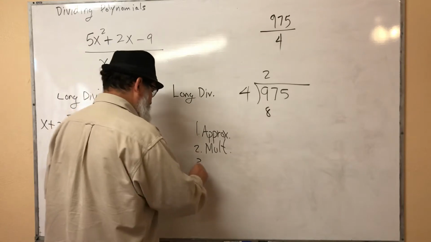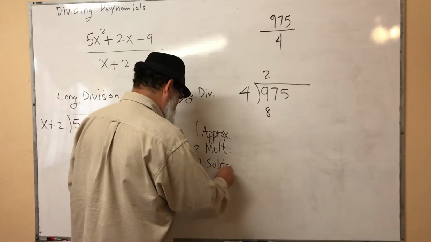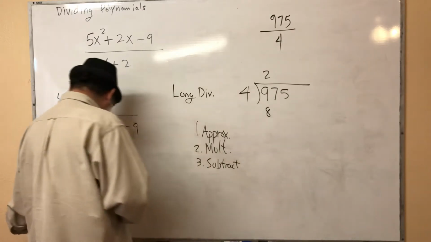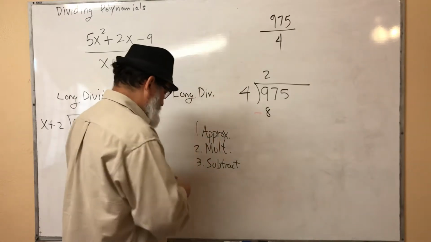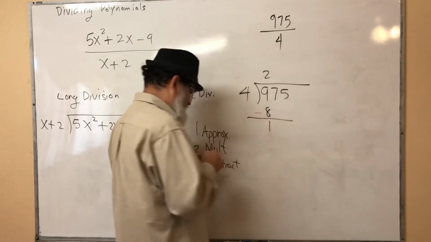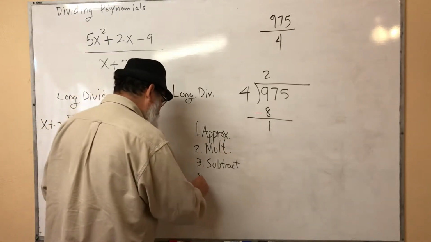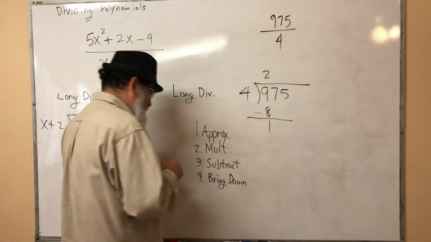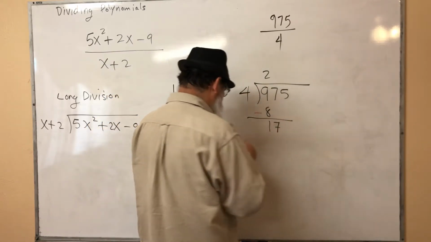Step number 3, we subtract. I'll subtract, put it in red, right there. 9 minus 8 is 1. That's step number 3. Step number 4, bring down the next digit. 7. Bring it down.